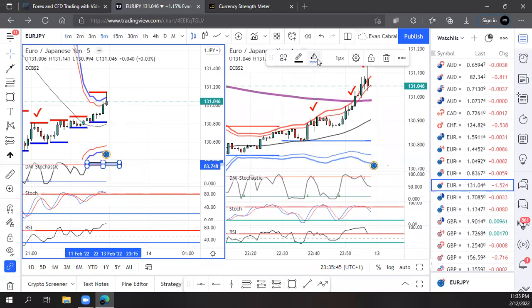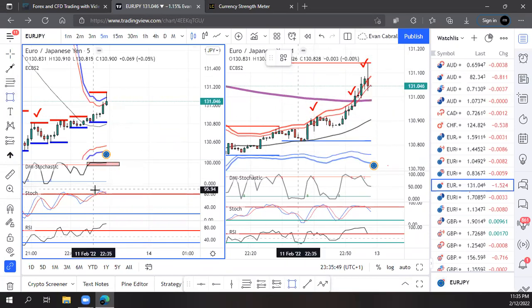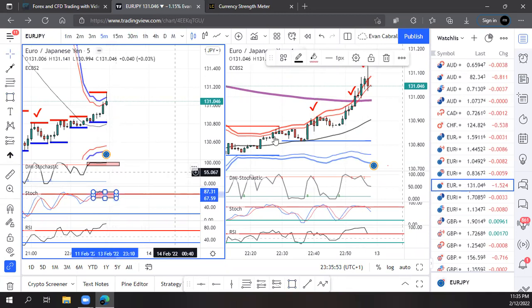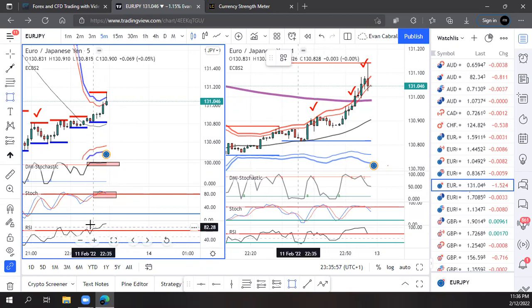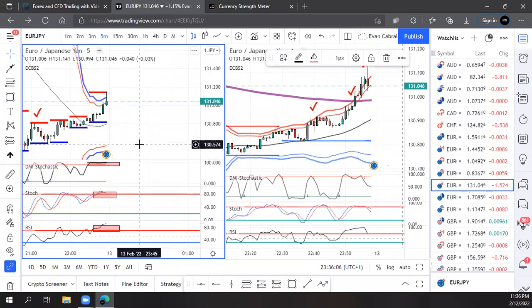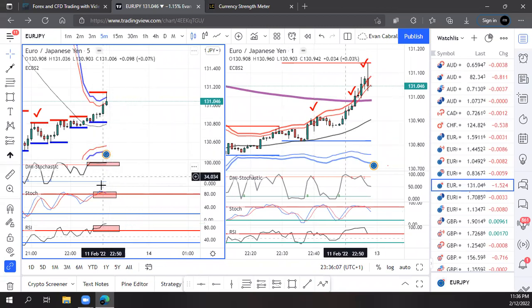The DMI stochastic is there at the red area. I'm looking at the stochastic at the red area as well, and I can see my RSI over here at this red area. What does that tell me? A good setup has been identified.